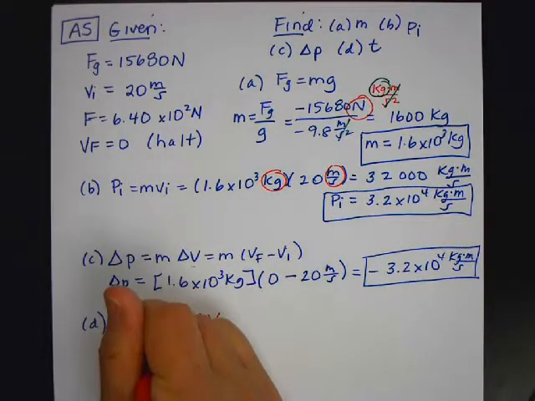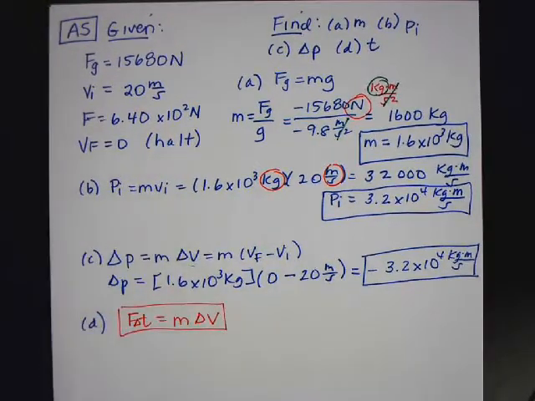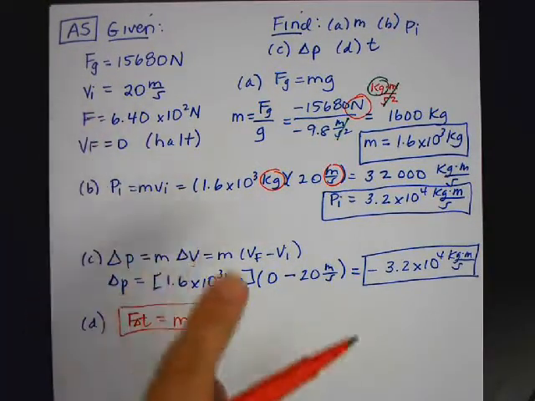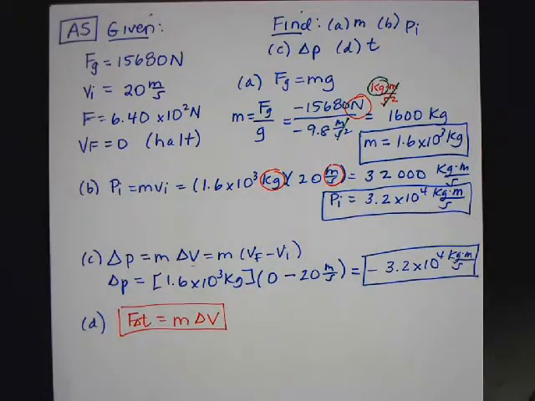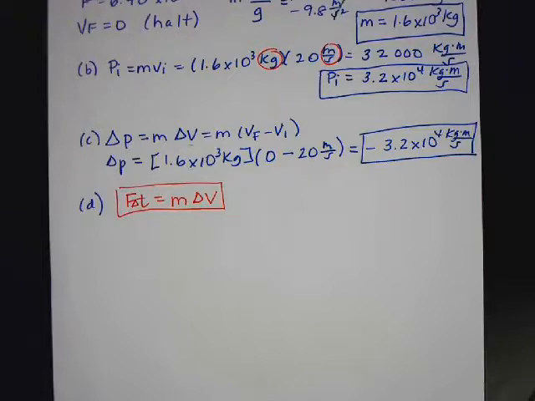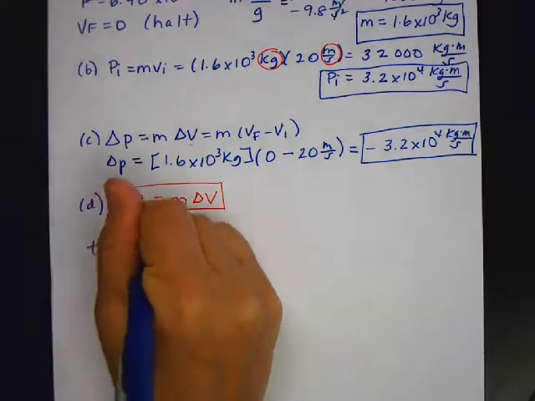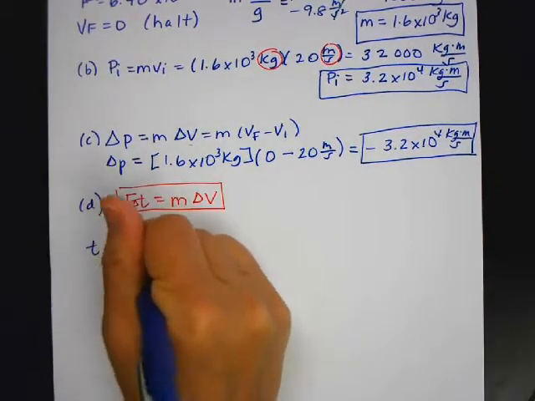Now there's a delta in here, but usually they give us a time interval like this, or that's what we want to find. They don't give us an initial and final time. So now I'm not going to plug in numbers. I'm going to rearrange the equation to solve for the unknown in terms of the known. So t is equal to m delta v over F.